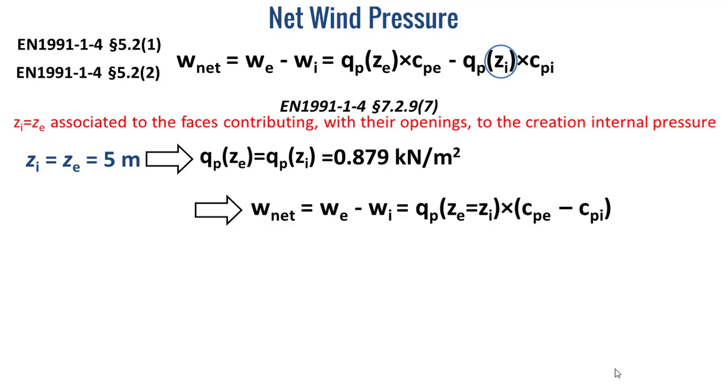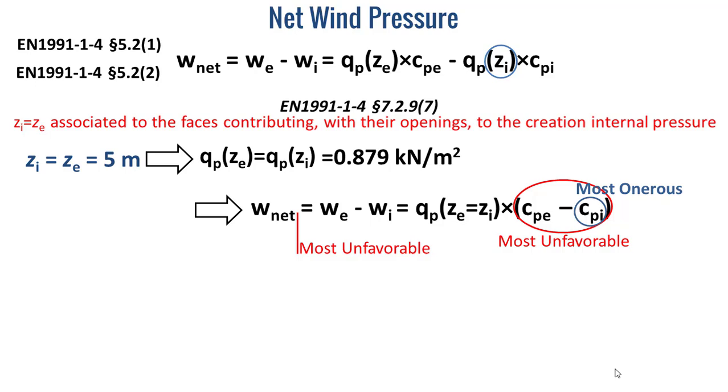So here, the net wind pressure will be calculated as the most unfavorable value. The most unfavorable here means the greatest value. So in this case, this most unfavorable value of net wind pressure will be associated to the most unfavorable difference between the external pressure coefficient CPE and the internal pressure coefficient CPI. In here, this most unfavorable CPE minus CPI will depend on the most onerous CPI.